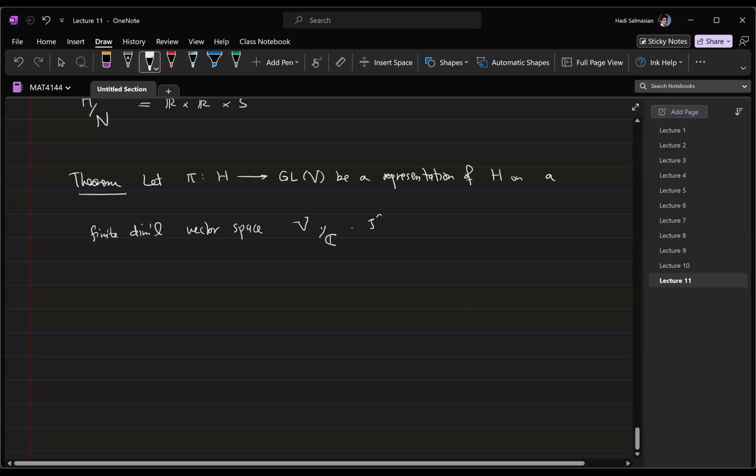So if the kernel of phi contains N, then the kernel of phi contains all of the center.